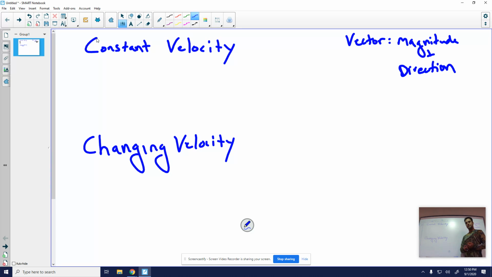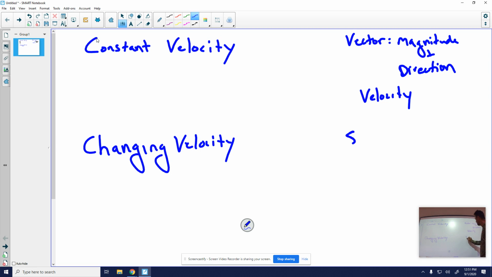If they never did that, it didn't matter if they're going 100 miles an hour, 1,000 miles per hour, if they never had a changing velocity, then you would never feel it. You can't detect constant velocity. So changing velocity we can feel. So these are fundamentally different types of motion. So I'm just going to list under vectors. Velocity is a vector.